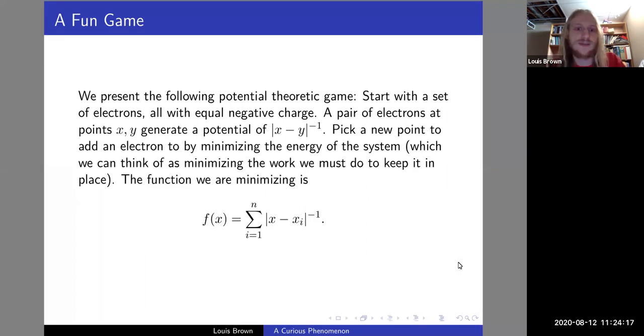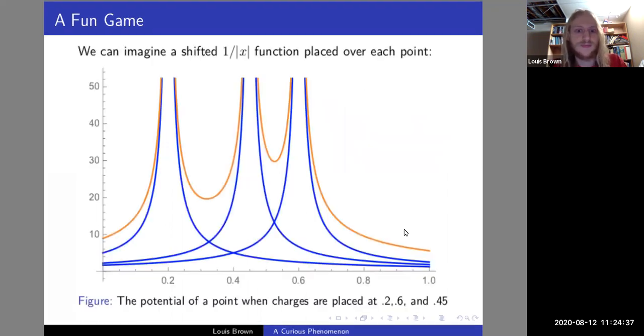So the function we're minimizing is f of x equals the sum from i equals 1 to n of the distance between x and x_i to the minus 1. This is just the sum of the potentials between x and each existing electron, the effective potential. So visually, we can imagine there's a little shifted 1 over absolute value of x function placed over each point.